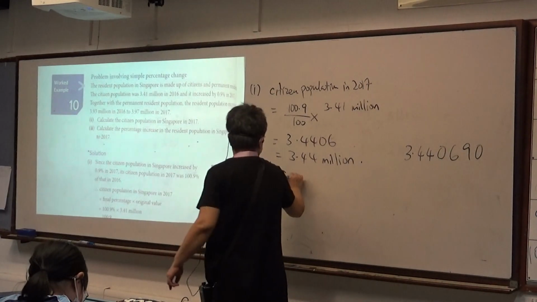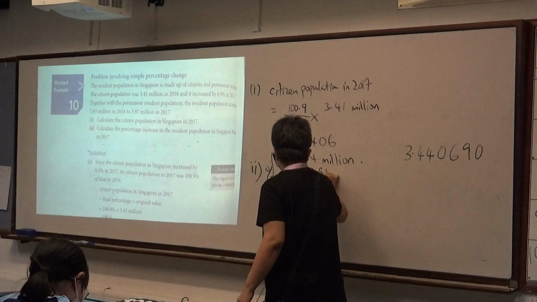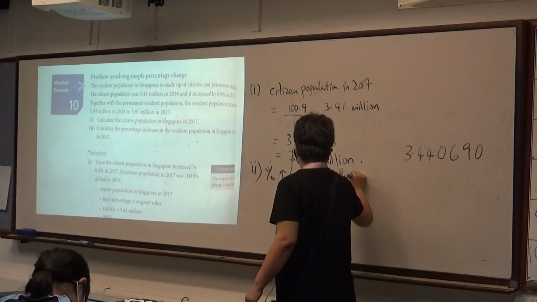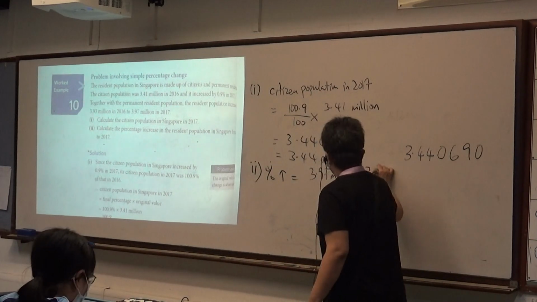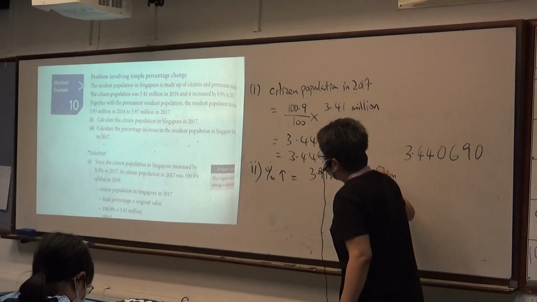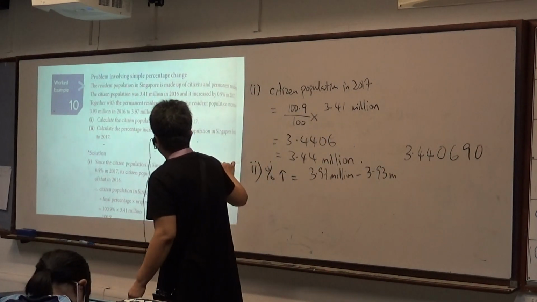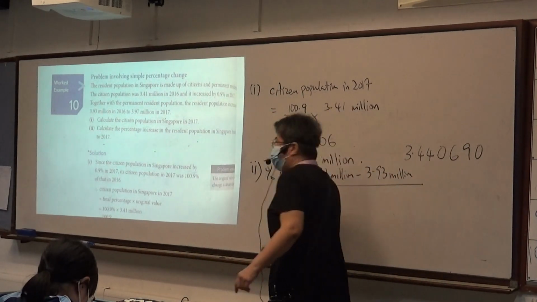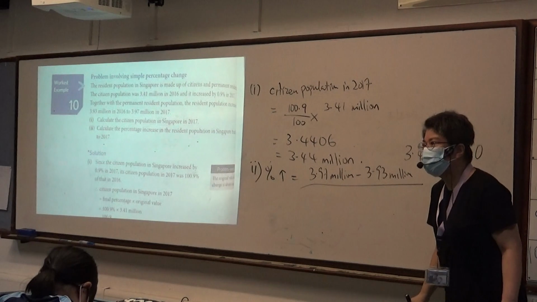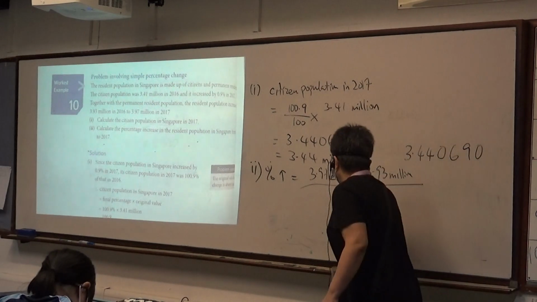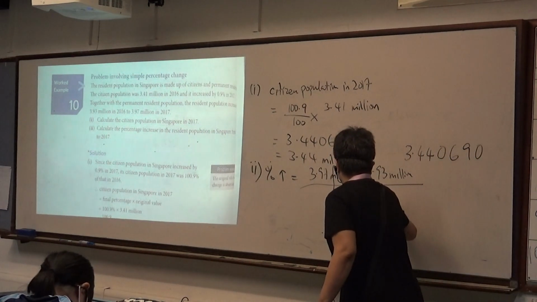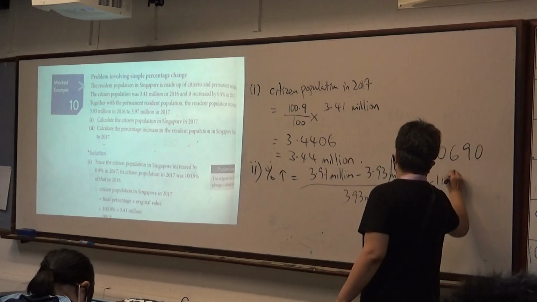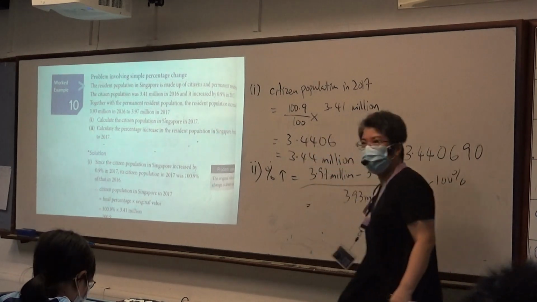Percentage increase will be 3.97 million minus 3.93. Did I make a mistake? Yes. 3.93 million over which one? 3.93. Yes. Times 100%. Am I right?